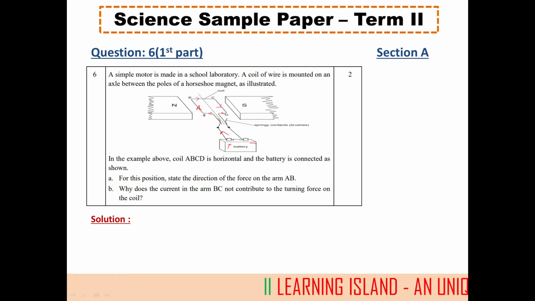So this is a conductor, so for the arm AB the force is found from Fleming's left hand rule. If we place our thumb, forefinger and middle finger perpendicular to each other, then the forefinger denotes the direction of the magnetic field, and the middle finger shows the flow of current.